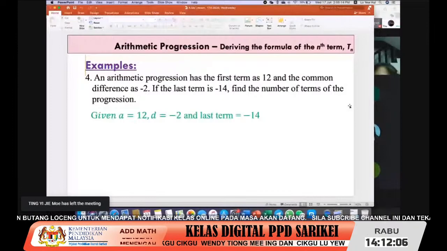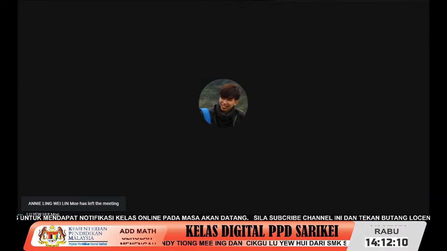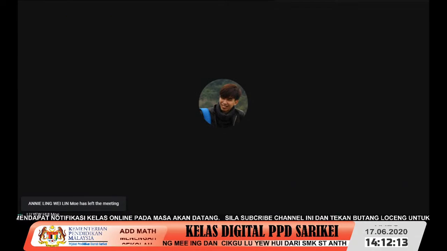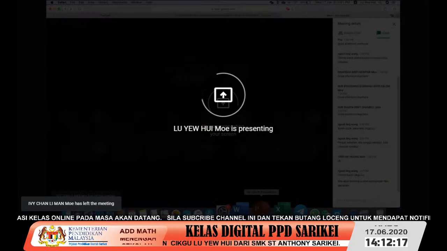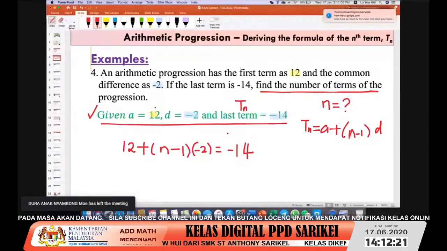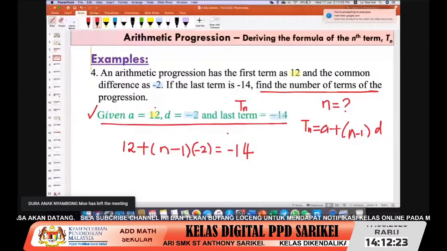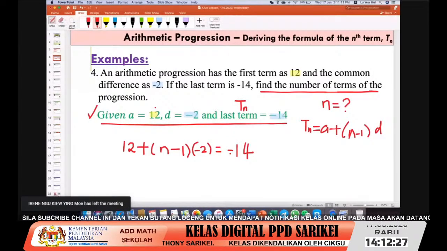And we can get 12 plus n minus 1 times negative 2 is equal to negative 14, right?